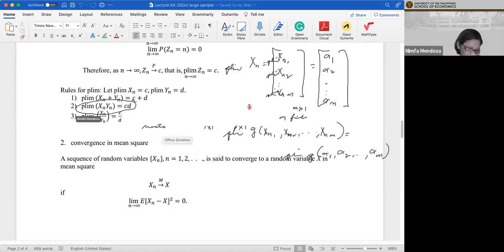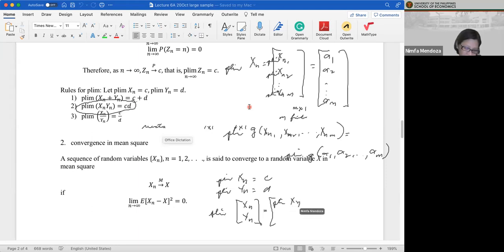Let's take the second case. The PLM of x sub n is equal to c, the PLM of y sub n is equal to d. So you have the vector x sub n, y sub n. The PLM of this is the PLM of x sub n, the PLM of y sub n, and this is c, d.